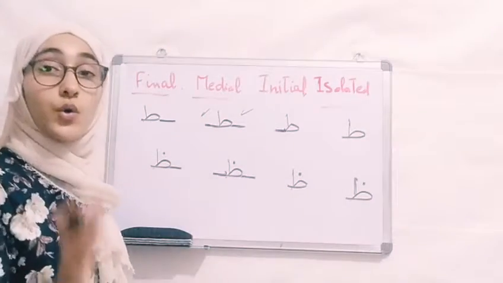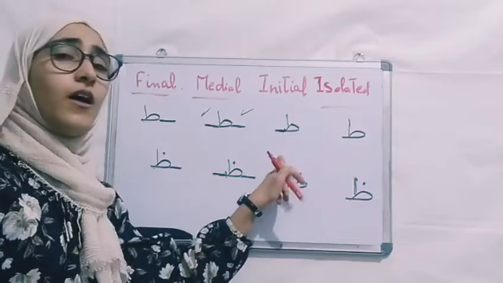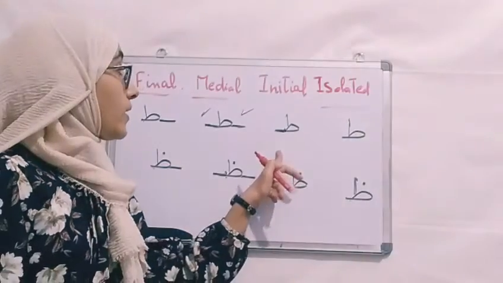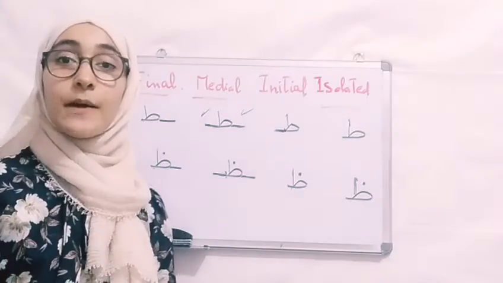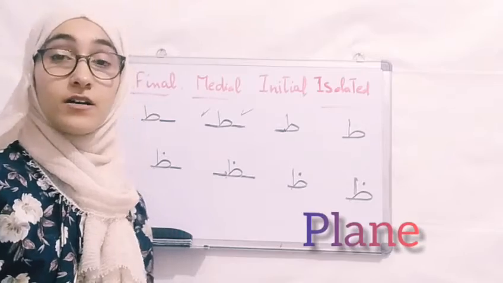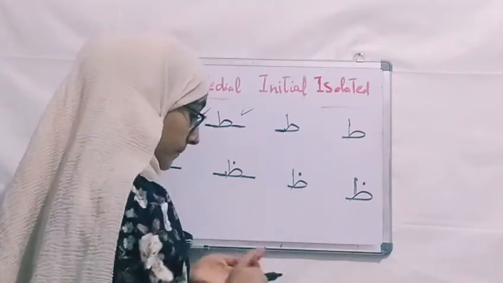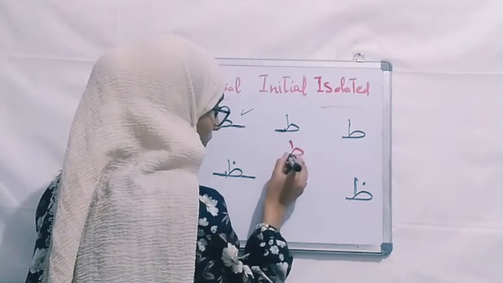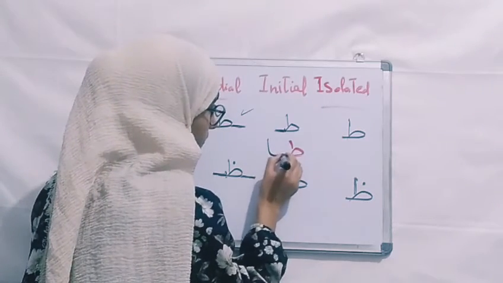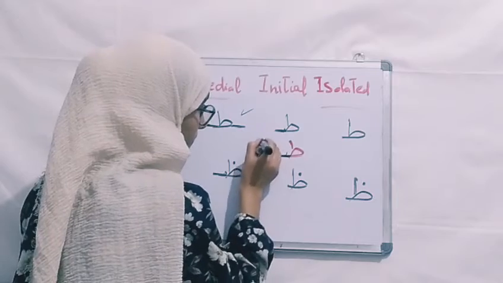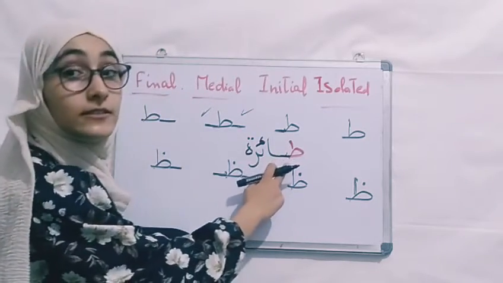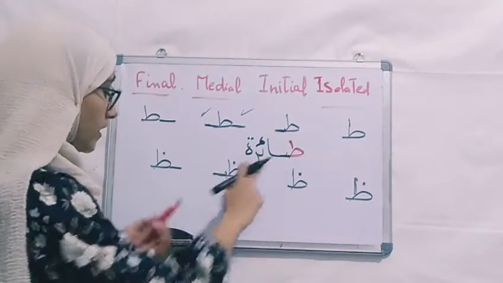So let's give an example. In initial form, we have طائرة, which means plane. Focus with me here, okay? We will talk about other letters.